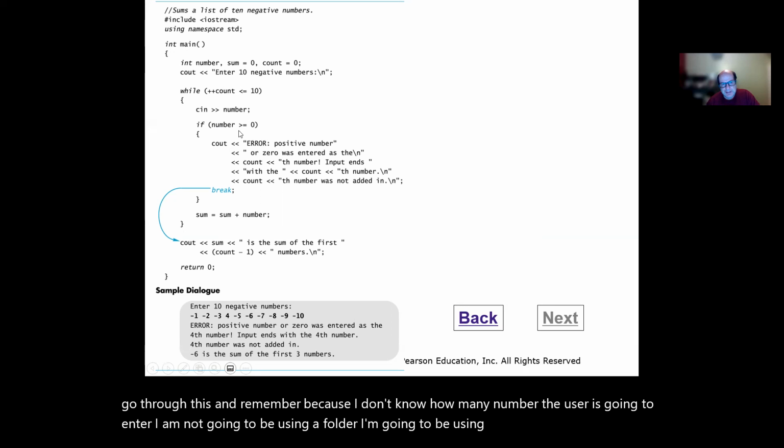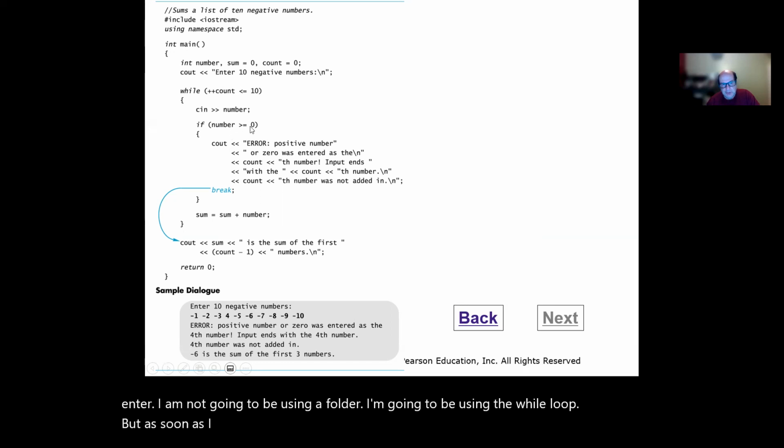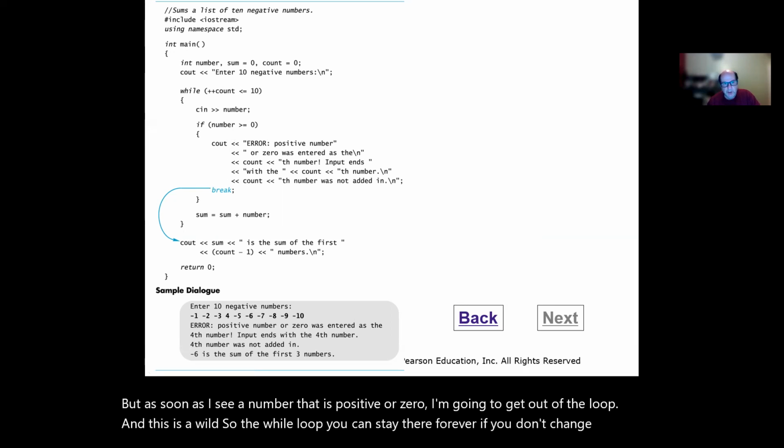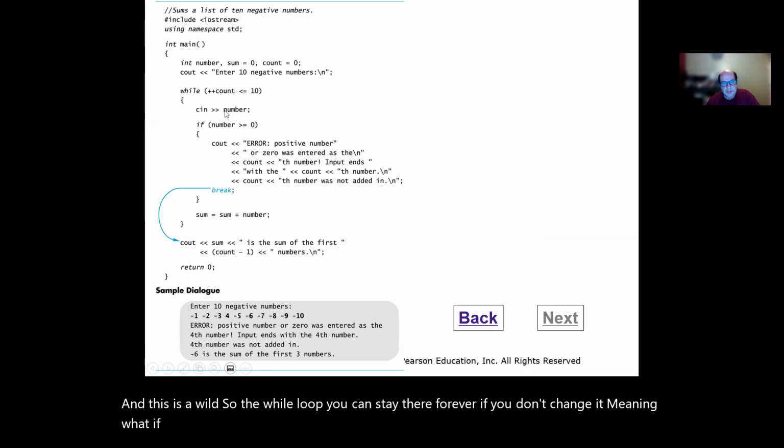But as soon as I see a number that is positive or zero, I'm going to get out of the loop. And this is a while loop. With the while loop, you can stay there forever if you don't change it. Meaning, if I don't read the next number, or if the user never puts in a positive number, this loop can go on forever.